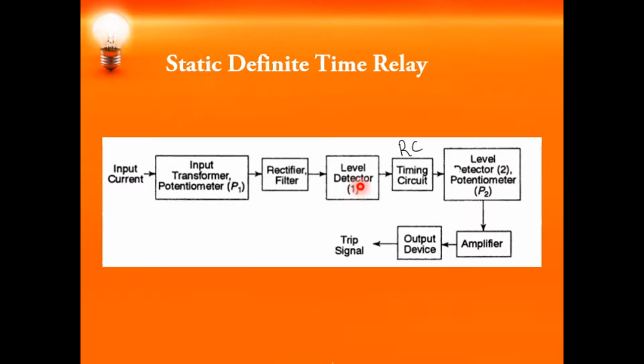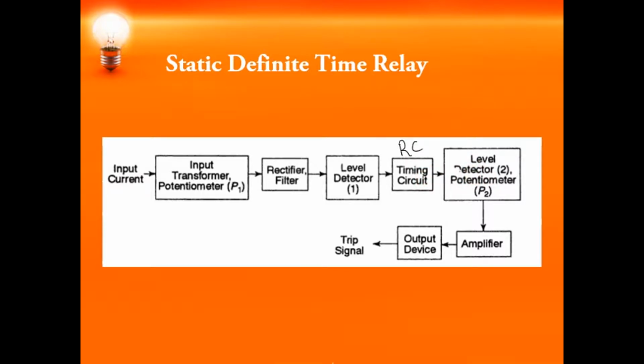In case the measured quantity from the filter circuit is more than the preset value of the level detector 1, it will issue a signal. That signal will charge the capacitor C of the timing circuit. The output of the timing circuit is given to level detector 2.